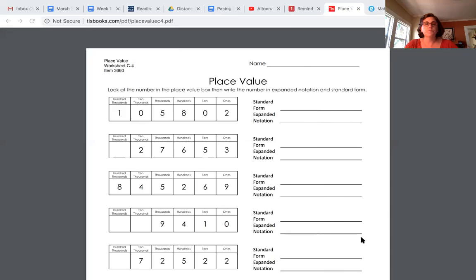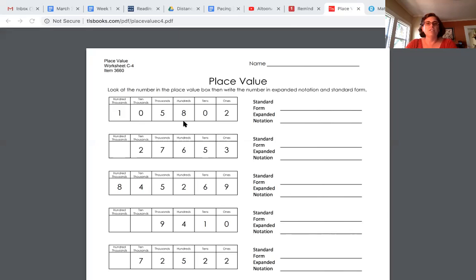On your worksheet, there is a place where you are going to write digits in a place value chart, so that you know the value of each digit. So let's go back to that one worksheet that we were looking at earlier.